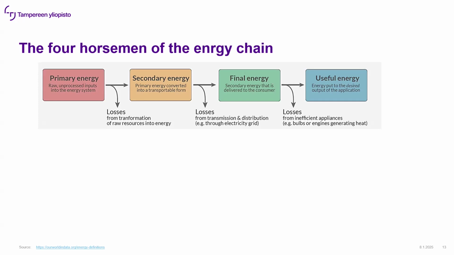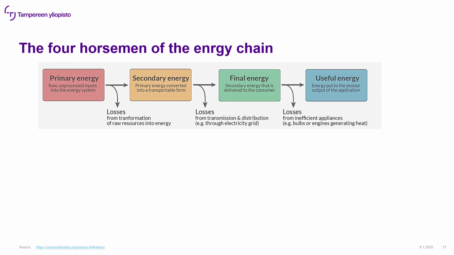The four horsemen of the energy chain. You have primary energy, secondary energy, final energy, and useful energy. So raw, unprocessed inputs into the energy system, then primary energy converted into transportable form. So you can transport, for example, oil or electricity or heat via district heating network.